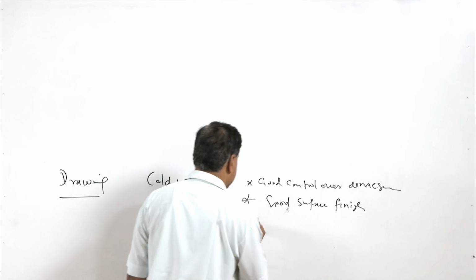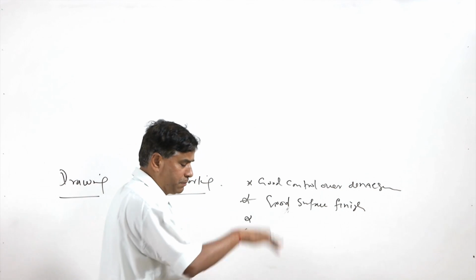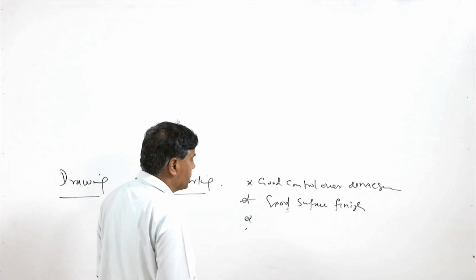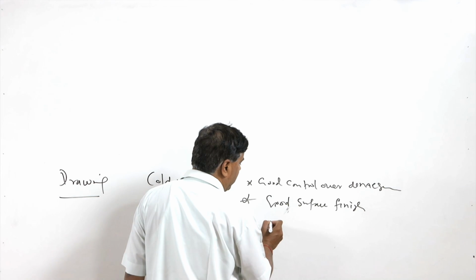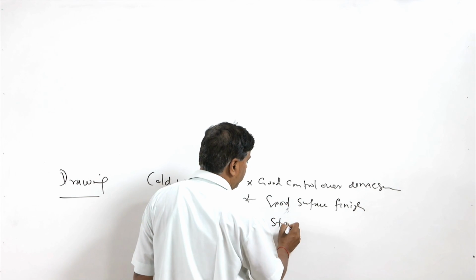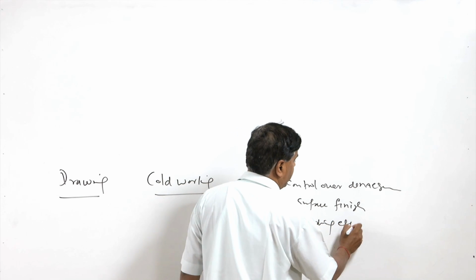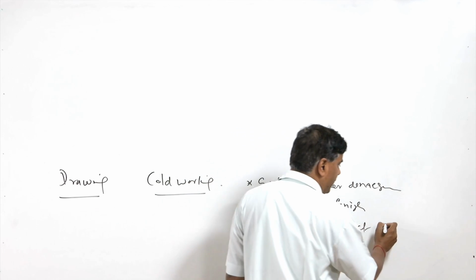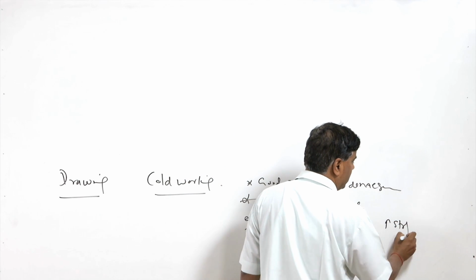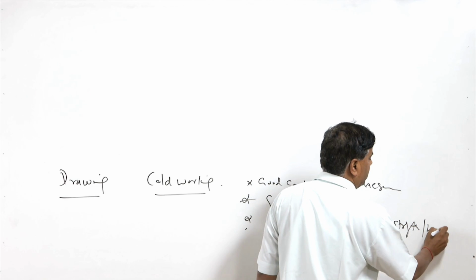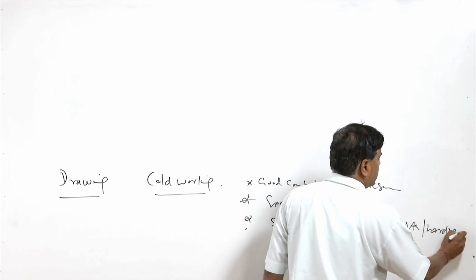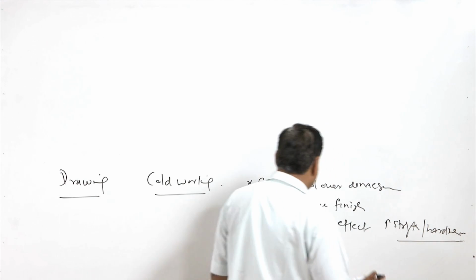Since this is carried out under low temperature conditions below the recrystallization temperature, it offers the strain hardening effect. Because of the strain hardening, the strength and the hardness of the drawn wire increase.